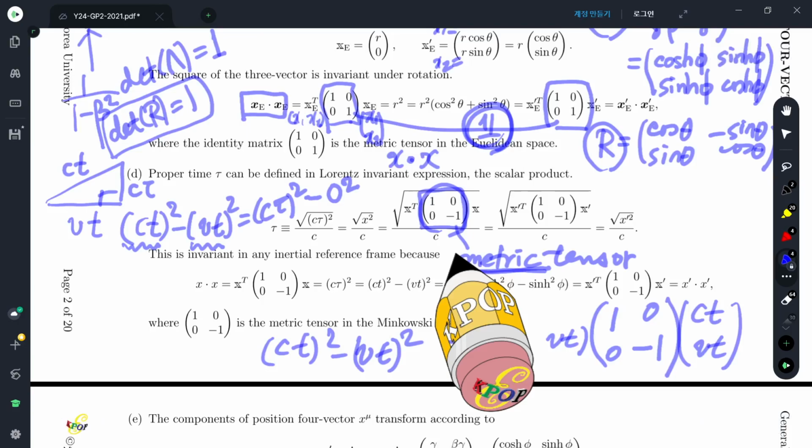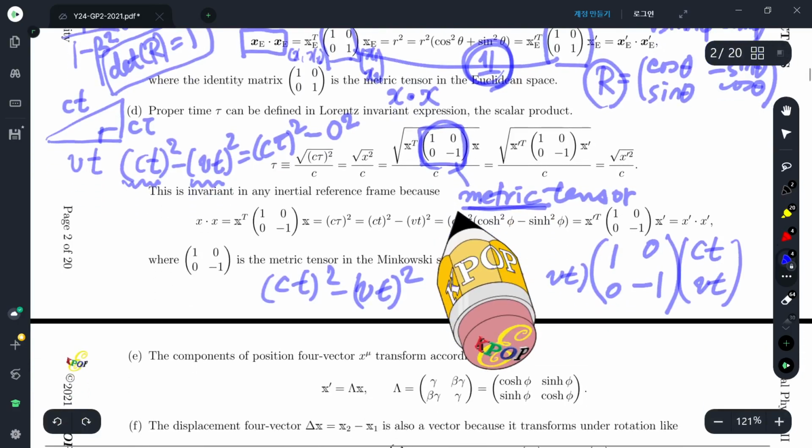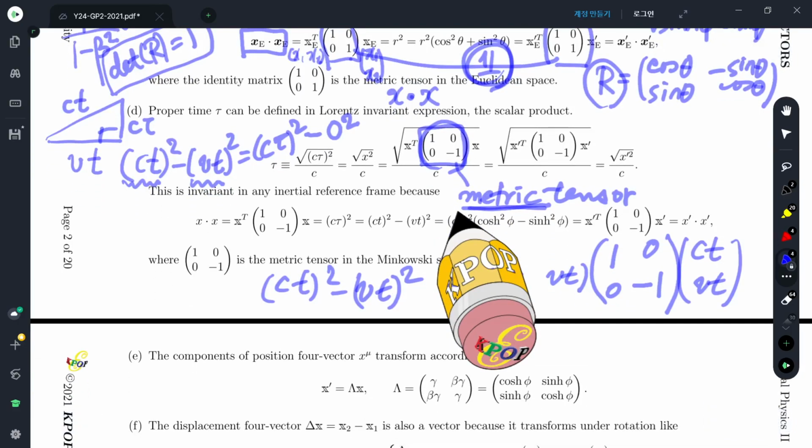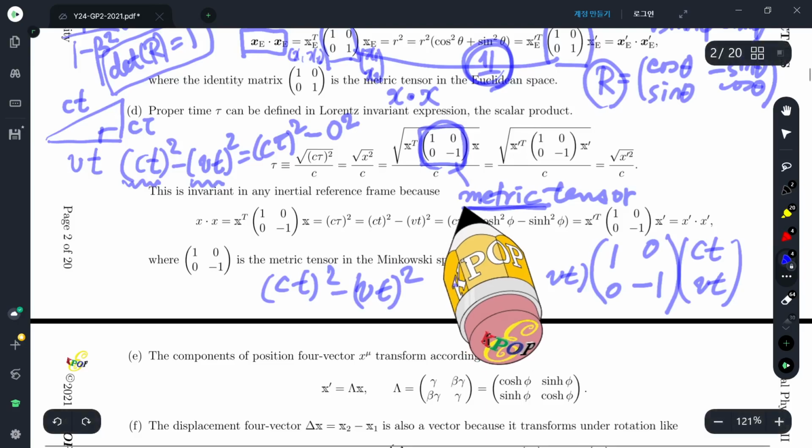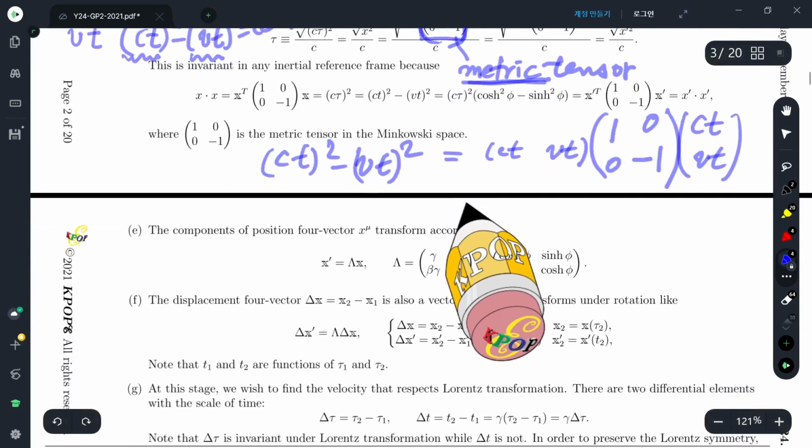However, it is also invariant under rotation and a mixture of rotation and boost. That is out of the scope of our class, so let me just stop going further.